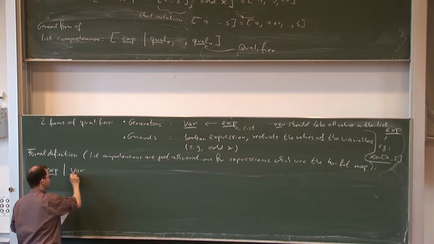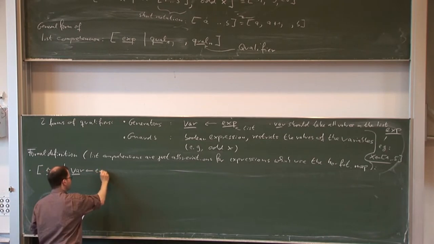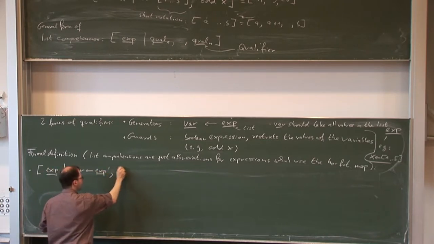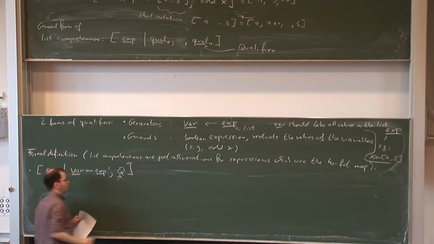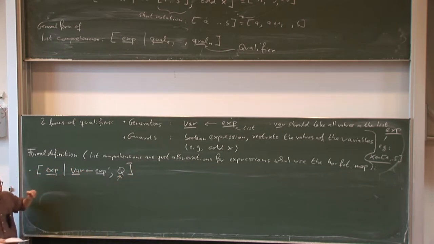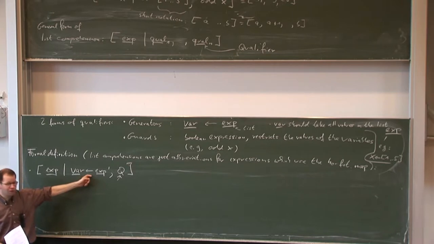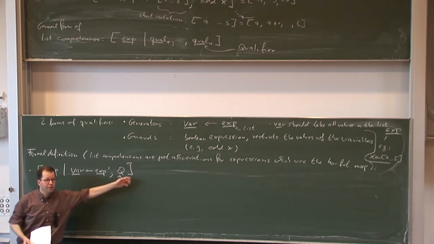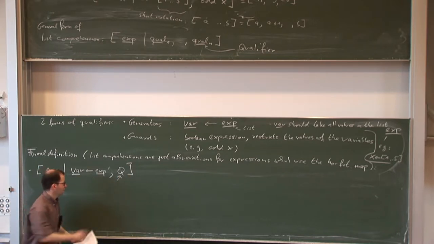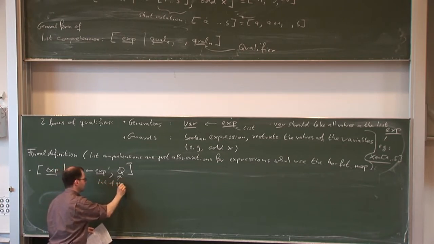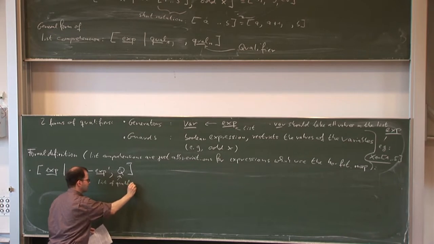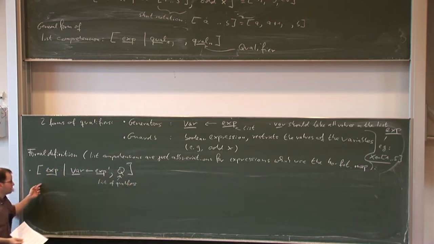So the first qualifier would be a generator, which looks like this. And then we have Q, and this should simply be a list of qualifiers. So this means we have a list comprehension where the first qualifier is a generator, and then there may be many additional qualifiers. This is a list of qualifiers. So this is the first case, and the other case is when the first qualifier is a guard and not a generator.